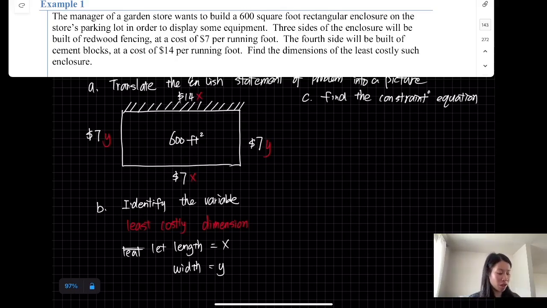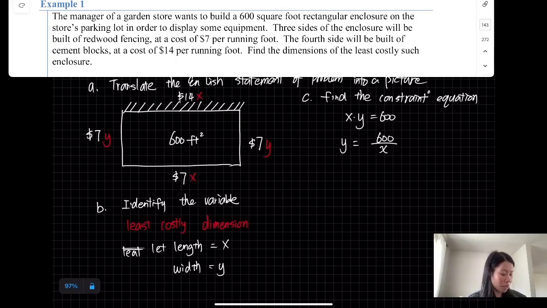So what's the constraint? The constraint is that the area has to be 600 square feet. That means x times y, the length times the width, is equal to 600, which is the constraint equation. When I solve for y, y is equal to 600 over x. So all the y can be represented by 600 over x.